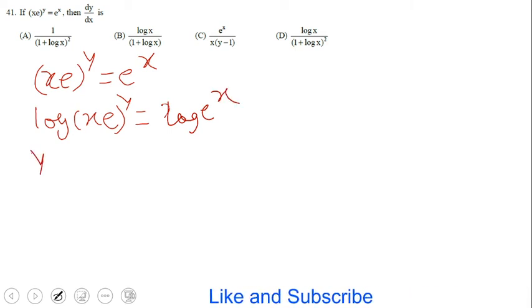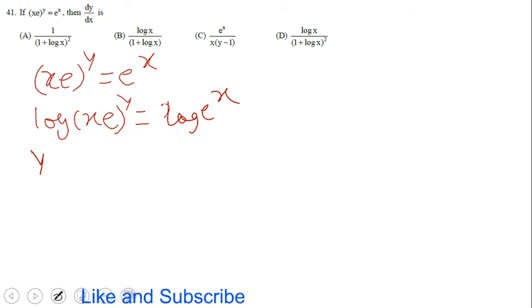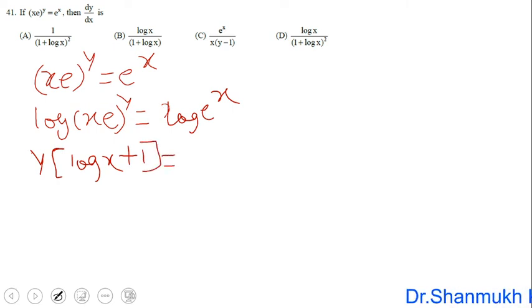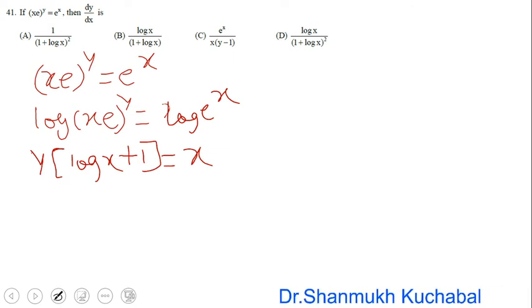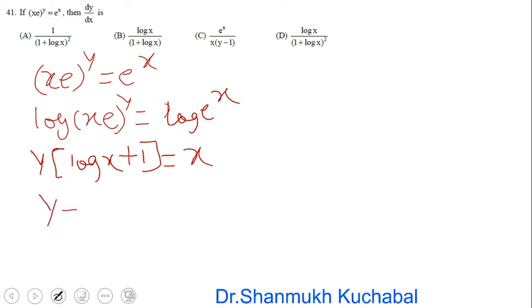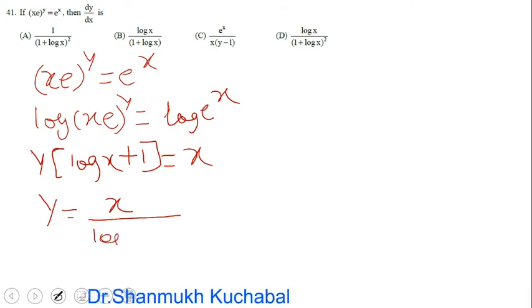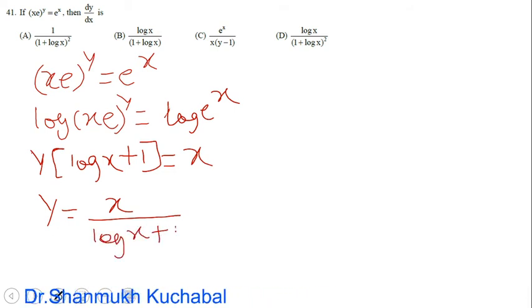So we get y log x. See, multiplication will become addition. Log e is 1, equal to x, log e is 1 here. So further we will write the solution for y here. Y as x divided by log x plus 1 we are going to get.